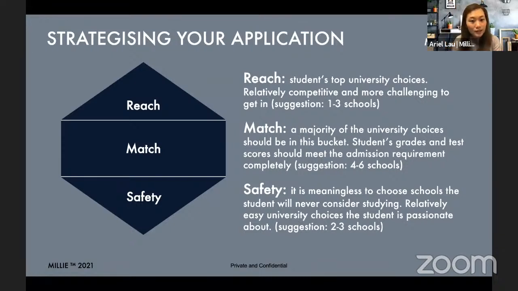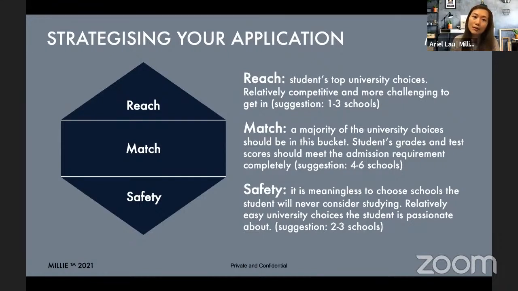But the reality is, if you put all your eggs in one basket, you're more prone to having not a very satisfactory university offer result if you don't diversify your risk in the match and safety categories.